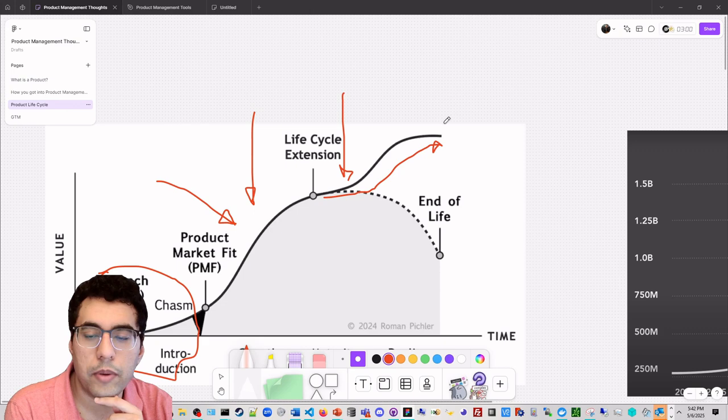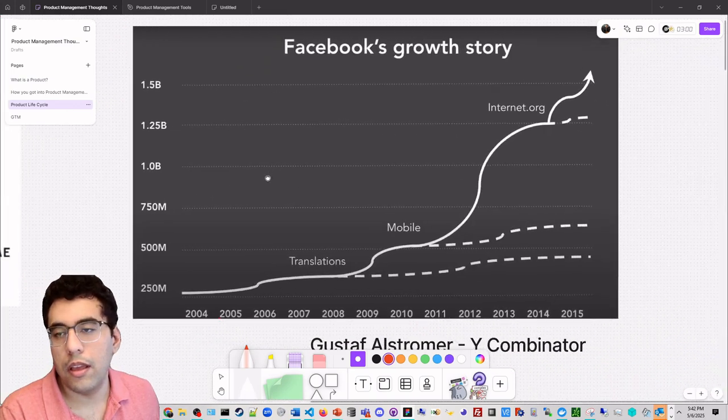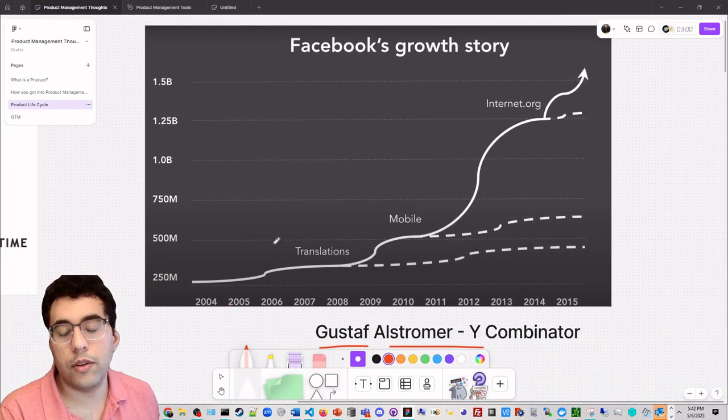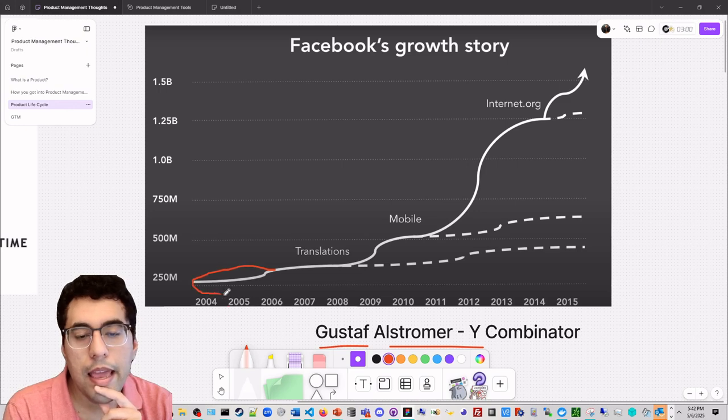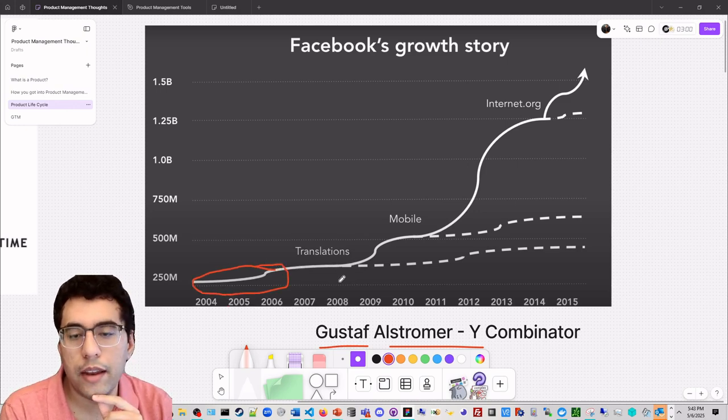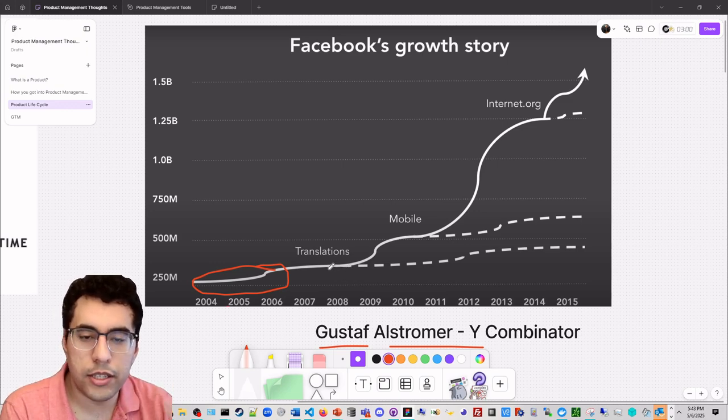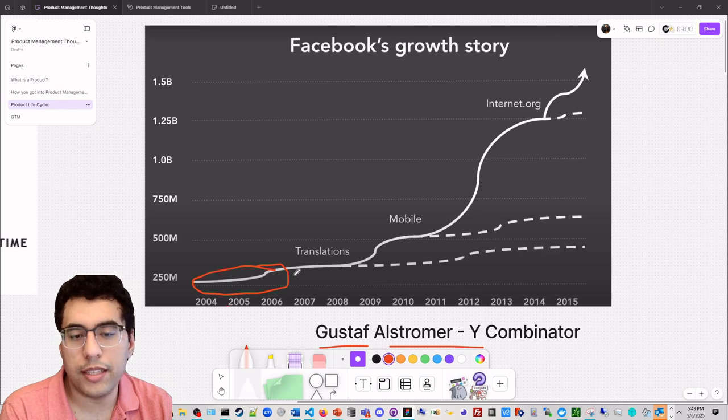And let me show you an example of the Facebook story. So in the 2000s, Facebook came out and they had millions of users. And what they needed to do was to increase the total growth of users, right? They wanted to extend the product's life cycle. So you had Facebook. What extended Facebook was translations, right?